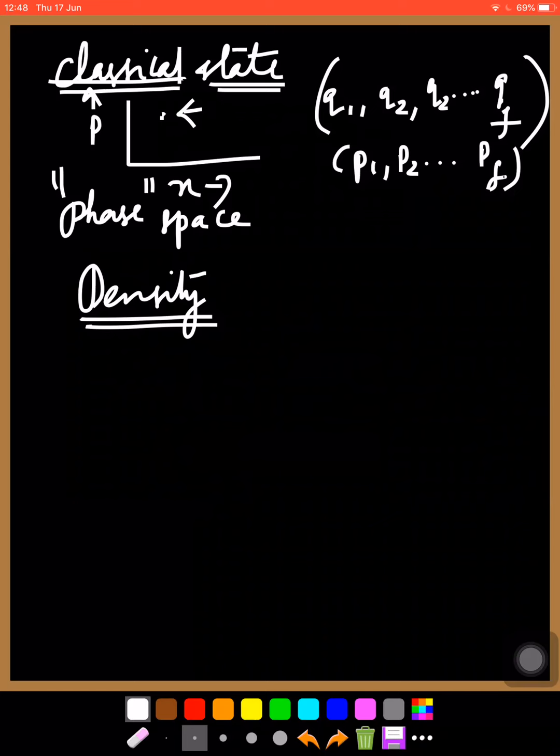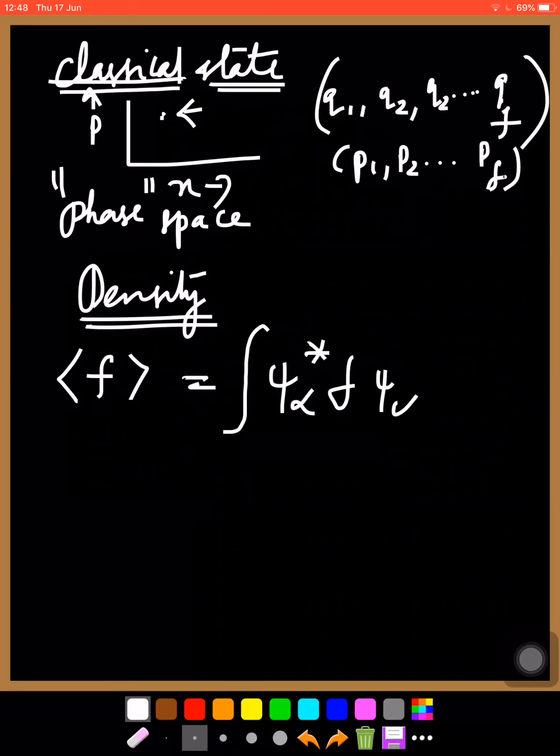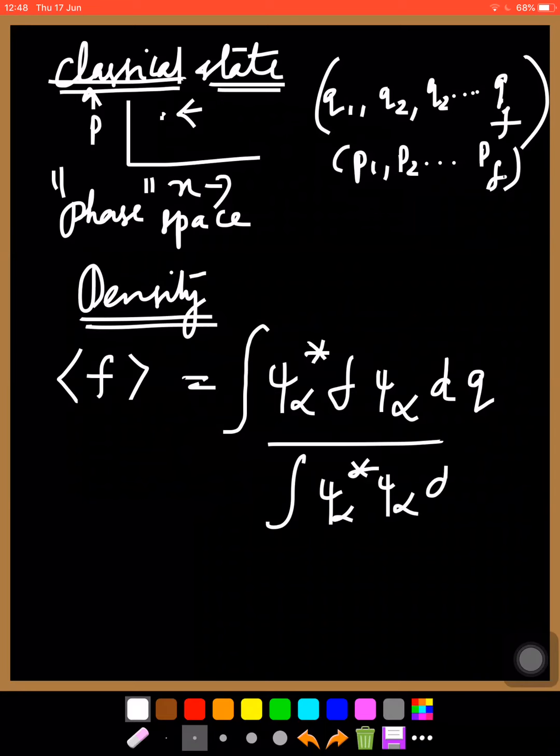And before going into density matrix, let's see what is the expectation value of an operator. If f is an operator, a Hermitian operator, and if the state is normalized, this is the expectation value: integral of psi alpha star f psi alpha dq. In the denominator there is integral of psi alpha star psi alpha dq, and this denominator is equal to 1 since the state is normalized.